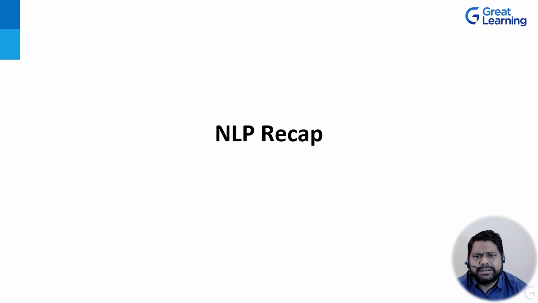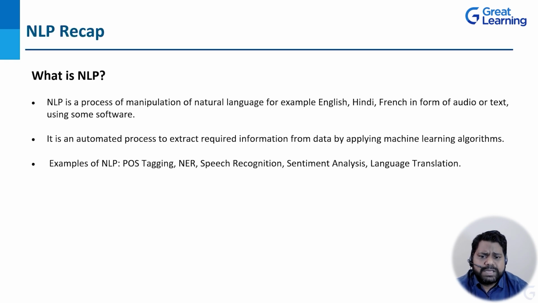So, what is NLP? Before we discuss the functionalities or the properties of natural language processing, let's discuss what natural language processing is. Natural language processing is a process of manipulation of natural language. What is natural language?